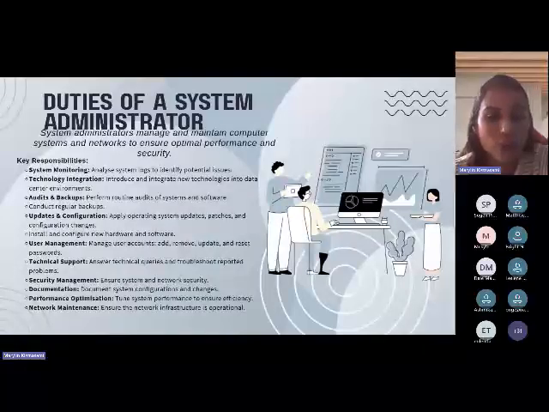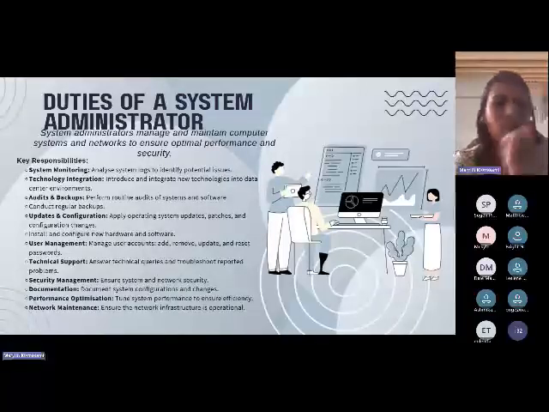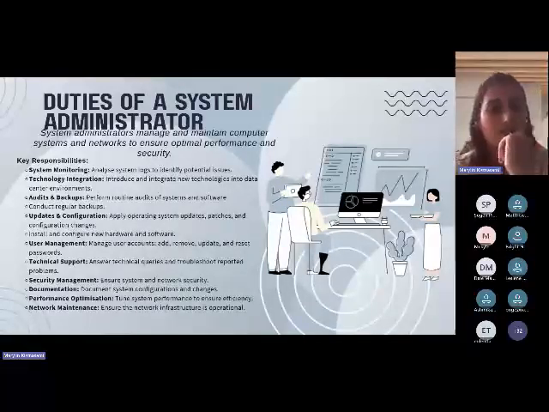They are checking to make sure that there aren't any hackers, all of that. Performing backups, ensuring critical data is backed up regularly, and can be restored if needed. So sometimes you have a situation where information is lost, and you need to restore it. They would be the person that would try and help you to get this information.